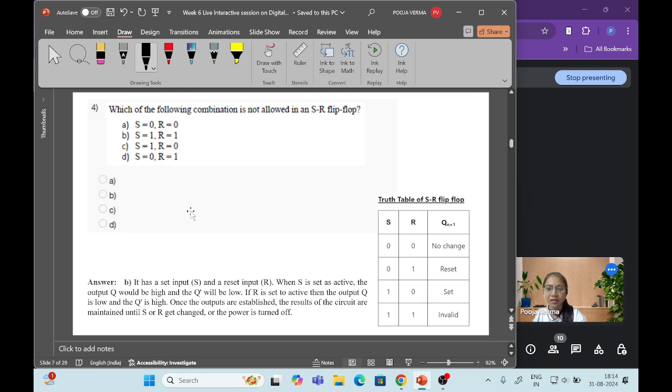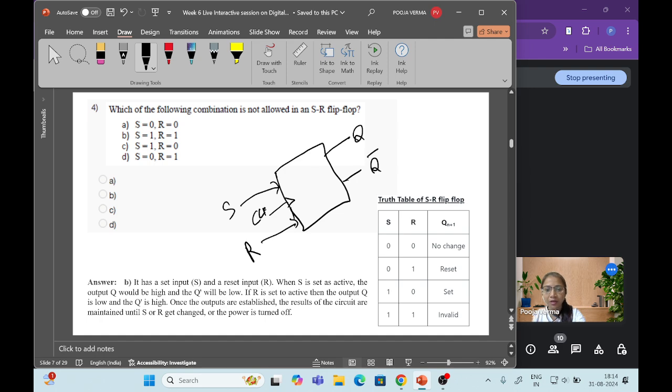The reason is it has a set input and a reset input, two inputs in the SR flip-flop. Already we know that we have two inputs S and R, this is the clock, and two outputs Q and Q dash. We can design it using a NOR gate or NAND gate. When S is active, the output would be high.